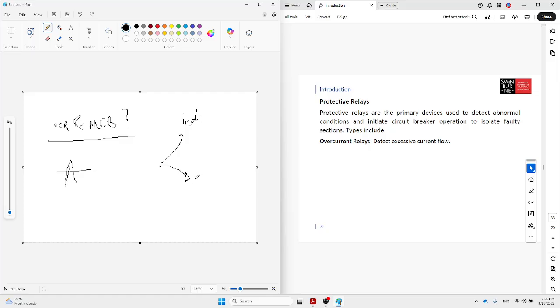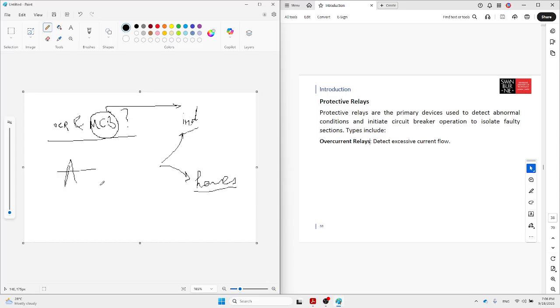So this is industry, these are homes. Homes and industry are usually protected by MCB, RCD, fuse or other small protection devices compared with the overcurrent relay.